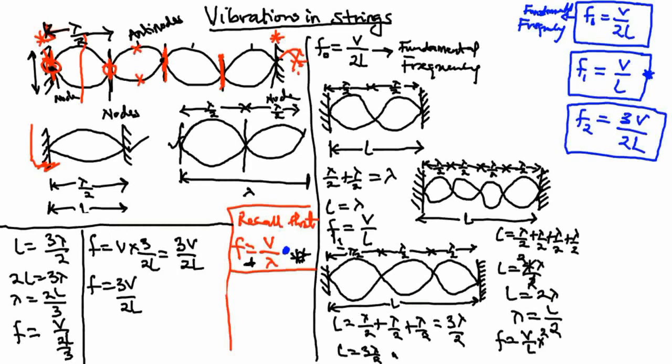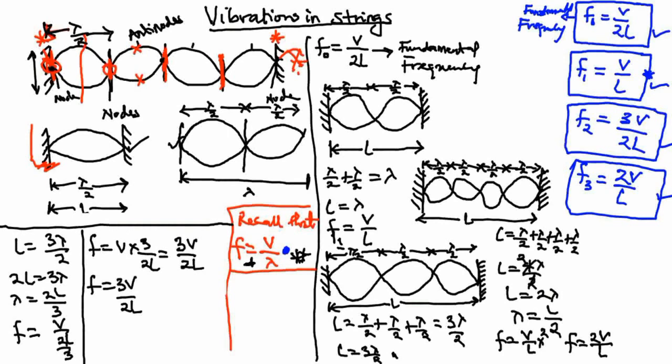So at the end of the day, we are saying that F is equal to 2V over L. Just like we did, I am going to say F3 is equal to 2V over L. And I'm also going to put it in a box. Okay, so we've seen how we got this, how we got this, how we got this. So I'm going to make a comment about it and then we can move on.